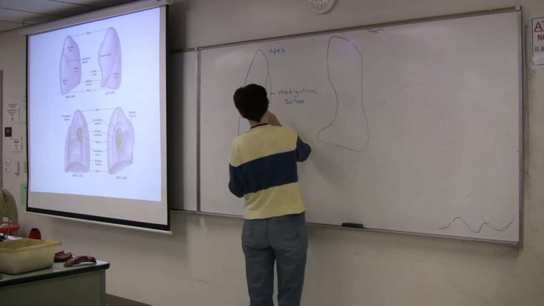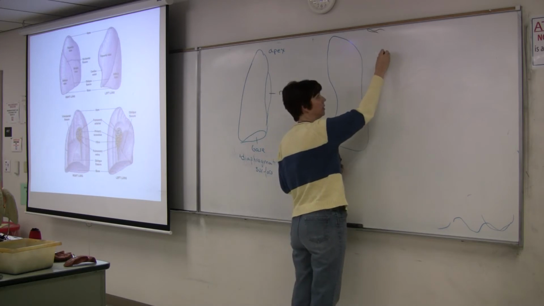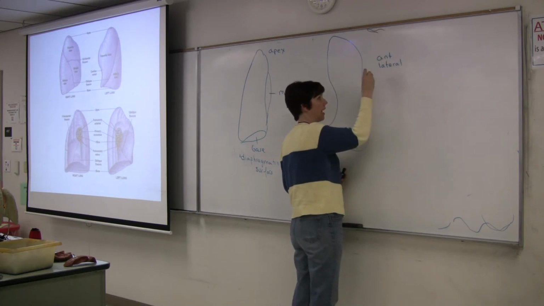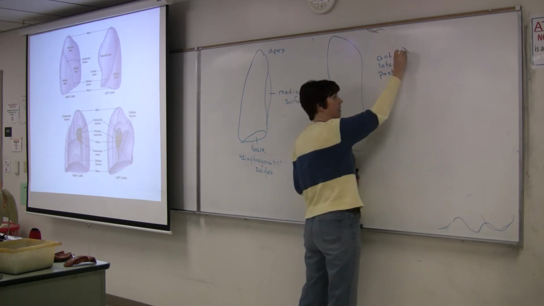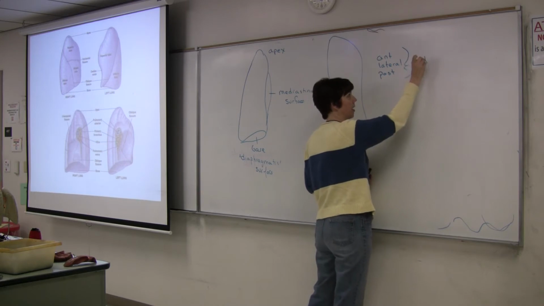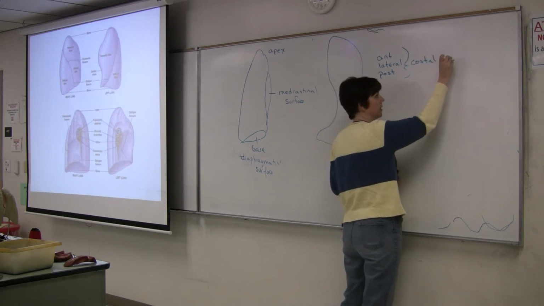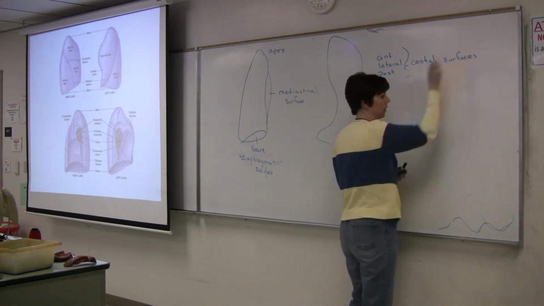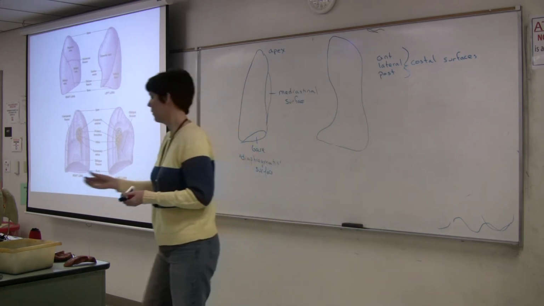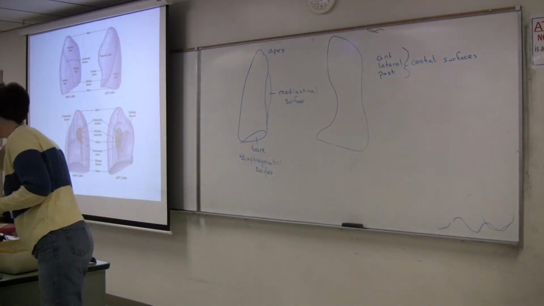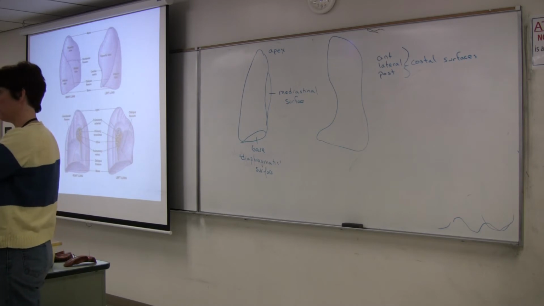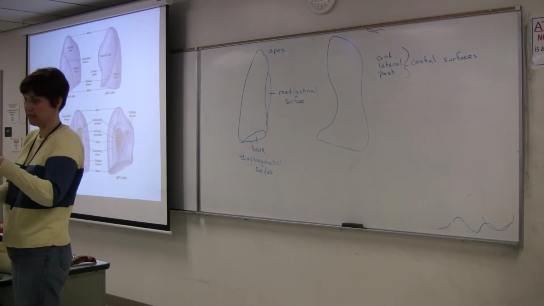Then the anterior, lateral, and posterior surfaces of the lung take up the impression of the ribs. This is known as the costal surfaces, costal for ribs. If you look at this model, you can see the indentations where the ribs are pressing in on the lungs.